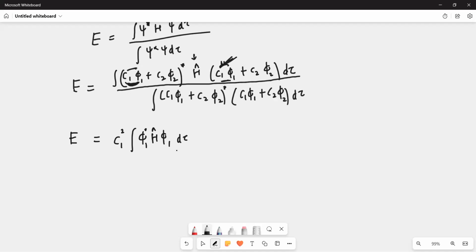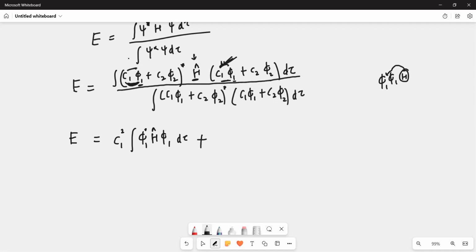Is it clear? You cannot write it in this way, phi1 H. No, you cannot change the position. If H is coming in between these two functions, then you cannot change the position. First we have a wave function, then the operator, and then another wave function. In this way you will solve it.